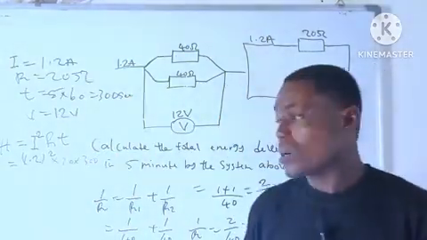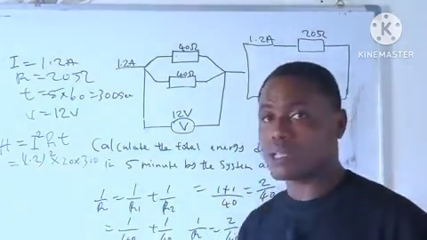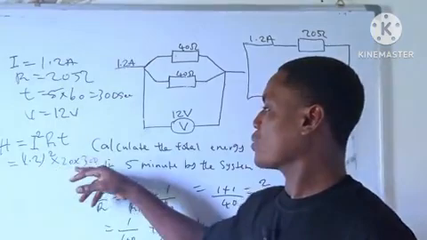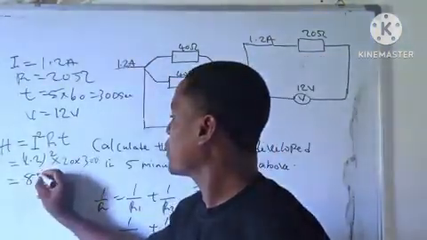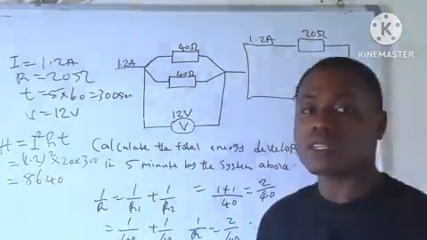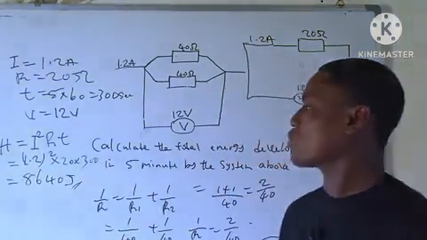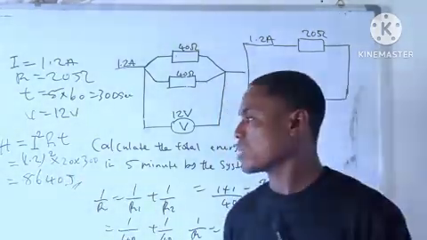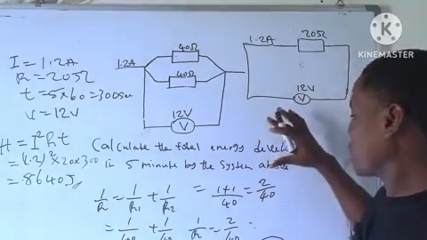Now you press your calculator. 1.2 times 1.2, then times 20 times 300. So the answer will be 8640. And what is the unit of heat energy? Joules. So the answer is 8640 joules.